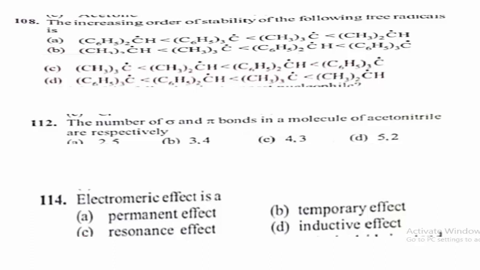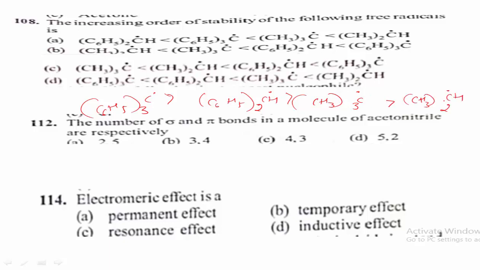The order of stability of free radicals is always in the order of (C6H5)3C radical is greater than (C6H5)2CH radical, is greater than (CH3)3C radical, greater than (CH3)2CH radical. Okay, the stabilization of the first two is due to resonance and the last is due to the inductive effect. Remember this point. Therefore the correct answer for this question is option B.